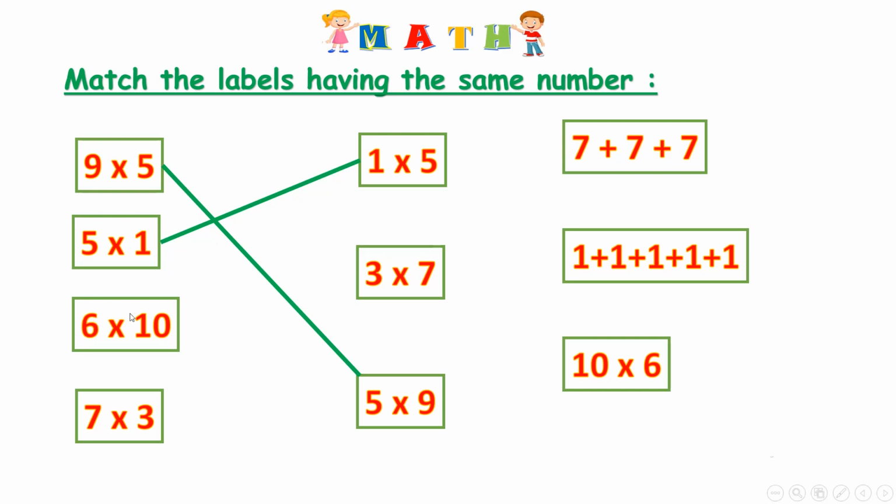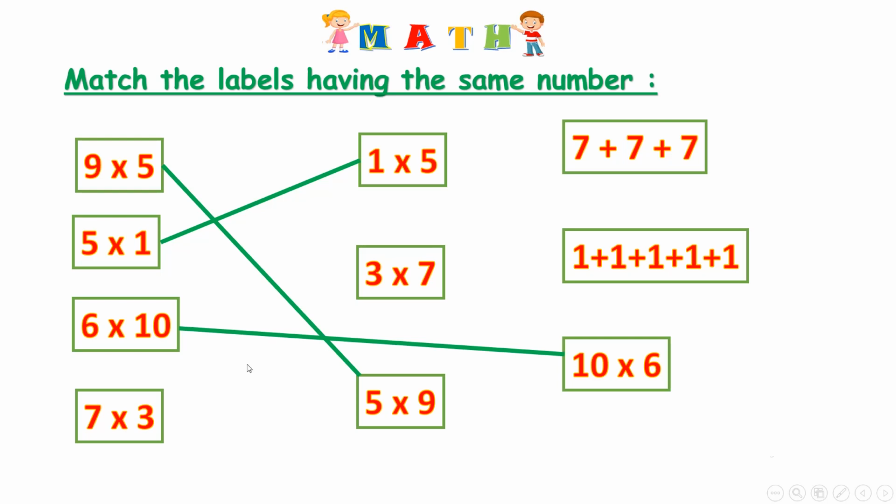Now 6 times 10. Okay, here I have 3 times 7. Here I have 7 plus 7 plus 7. No, it's not correct. Here I have repeated ones. No, here I have 10 times 6. Yes, I have 6 times 10 and 10 times 6, which are equal.